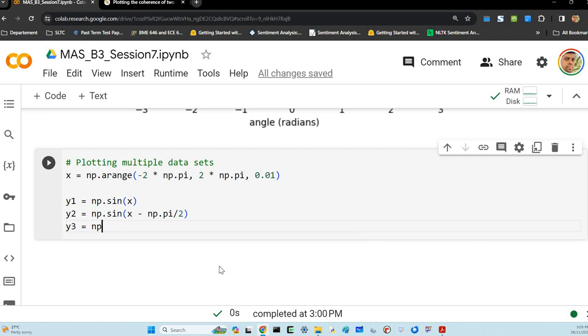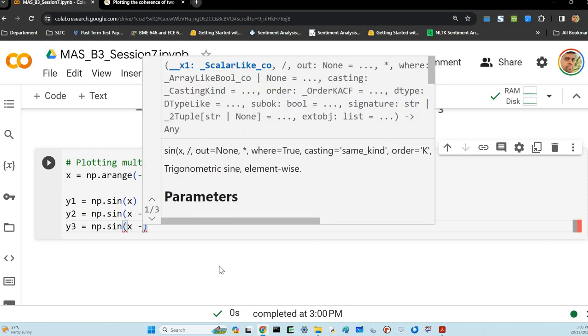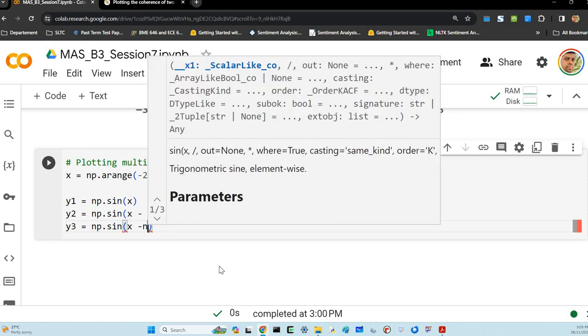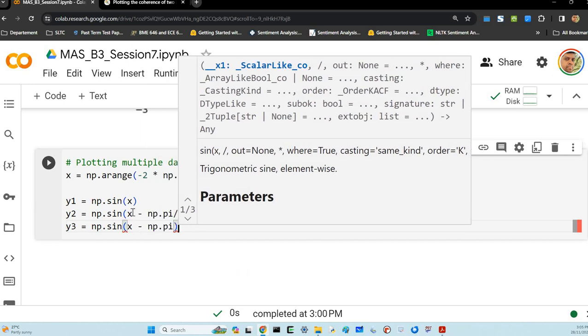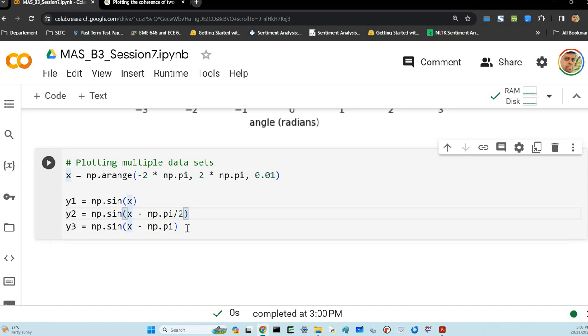Let me put y3, so we have np dot pi. So these are the y values.